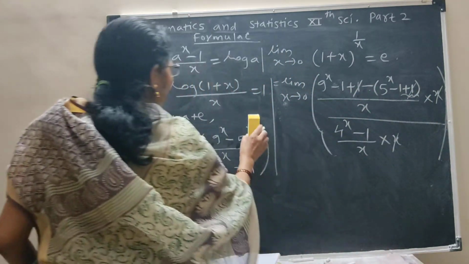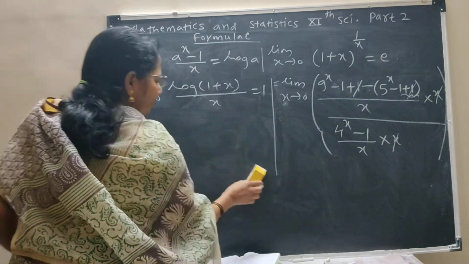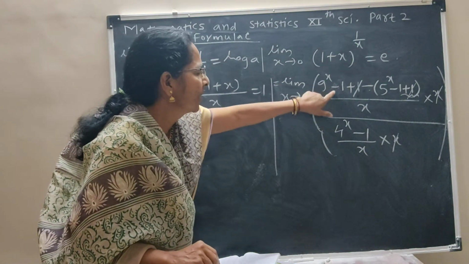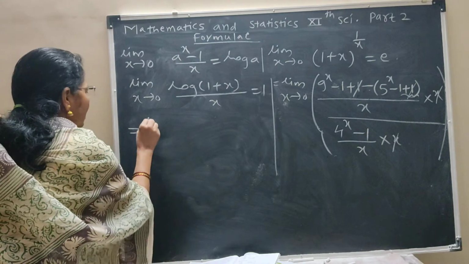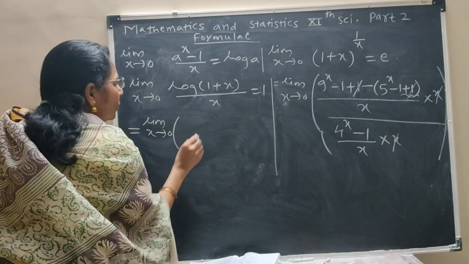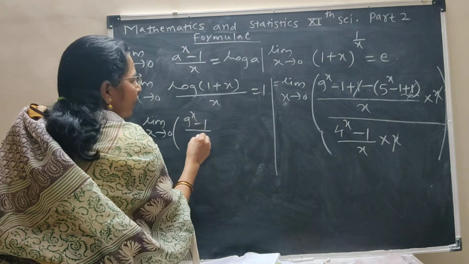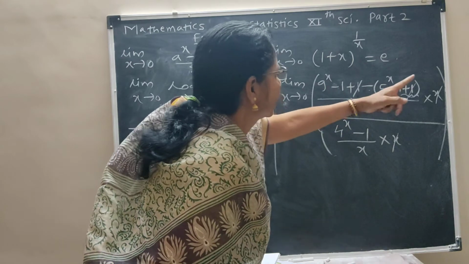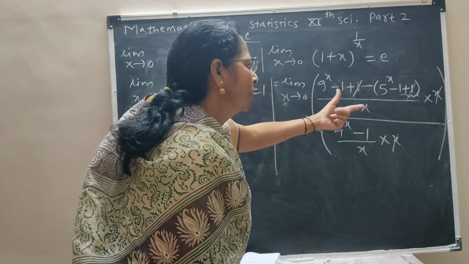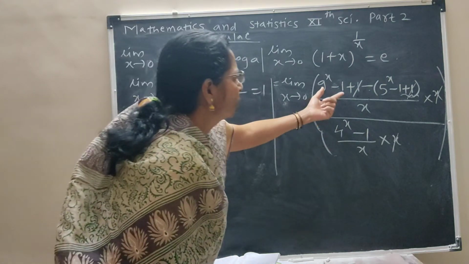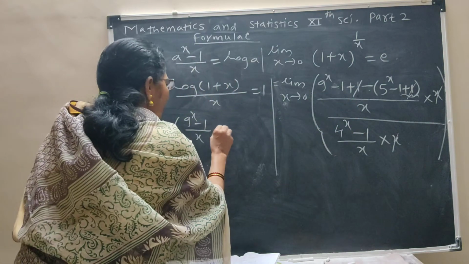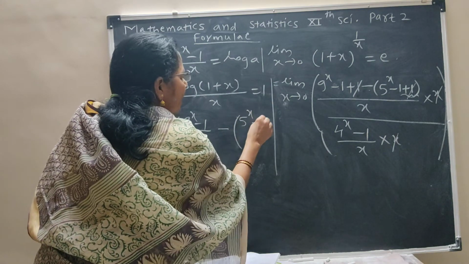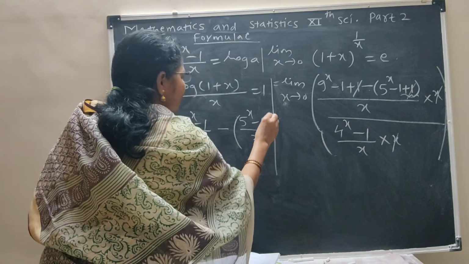And then use the formula. At this limit, 9 raised to x minus 1 upon x, take separate. Limit as x tends to 0, 9 raised to x minus 1 upon x, take separate. That means this denominator we use for every term or group of terms in this way. For this group we use this. Again there is minus; in the bracket there is 5 raised to x minus 1, so use denominator x.